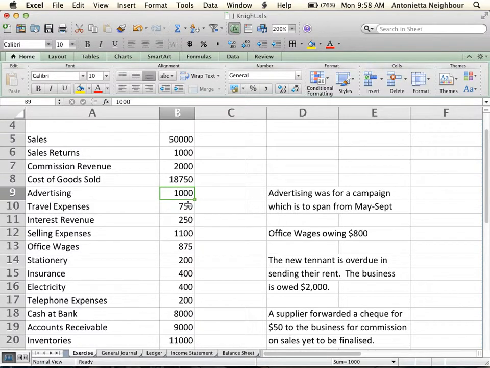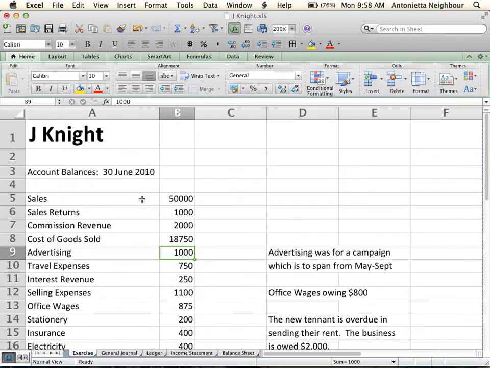At the end of this accounting period, how many months worth did we consume? Only 2. The remaining 3 months worth won't be consumed until the next accounting period. So this advertising account needs to be adjusted to reflect 2 months worth of advertising.